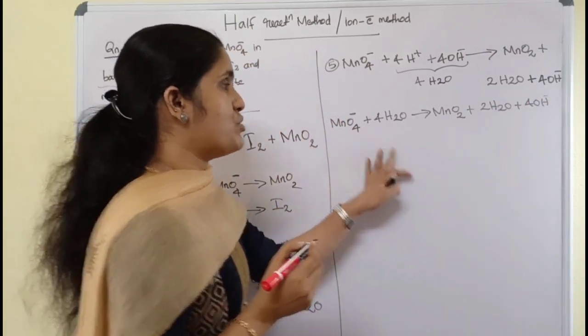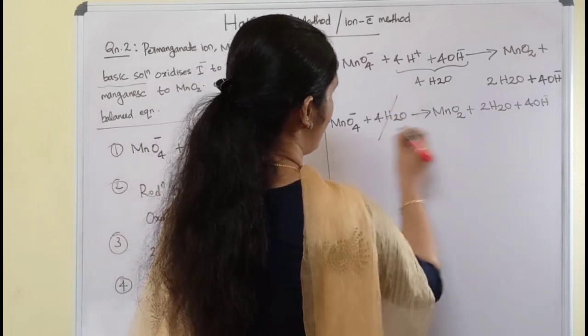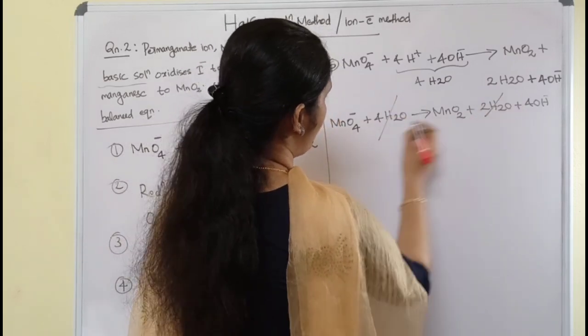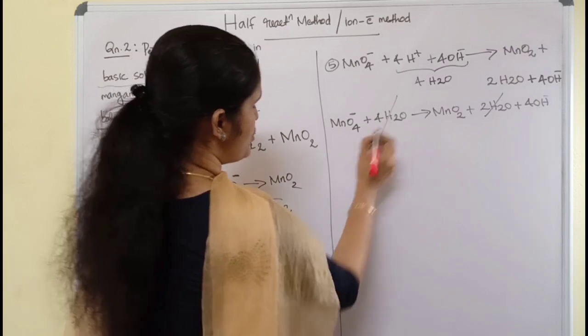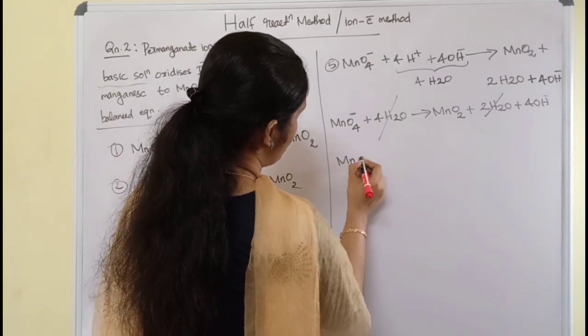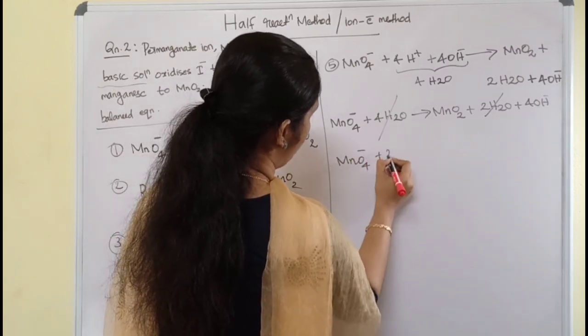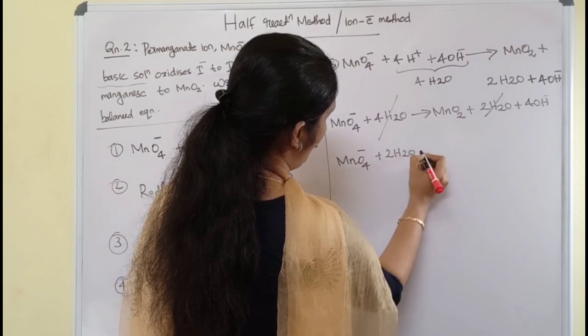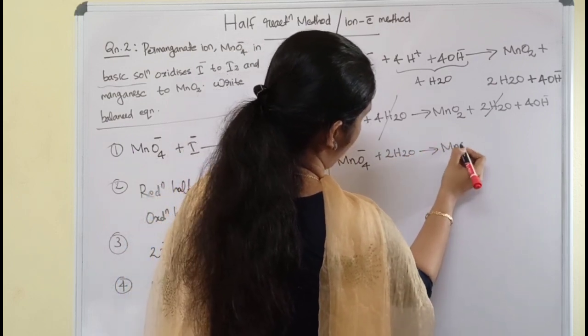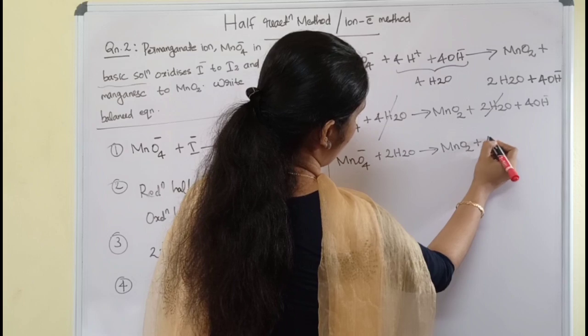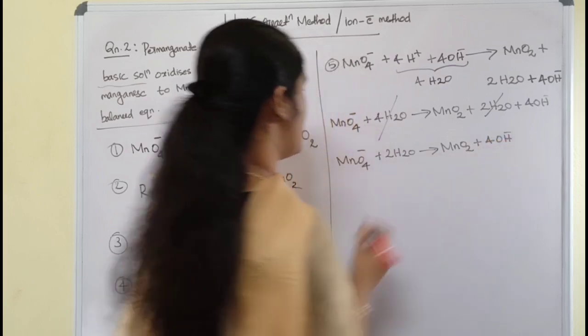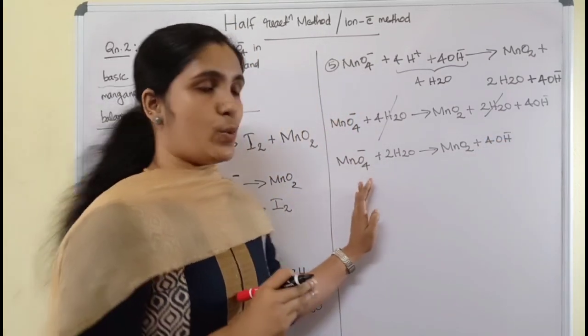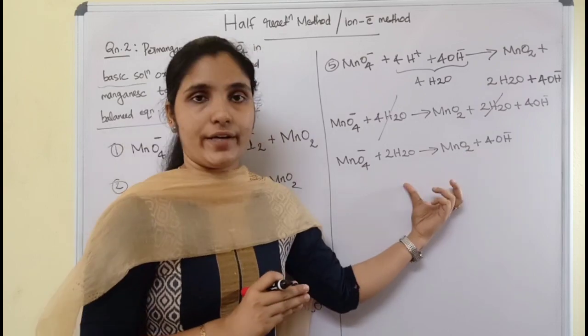Now the left side has 4H2O and the right side has 2H2O, so it can be cut down, and 4H2O turns to 2H2O. So MnO4 minus plus 2H2O gives MnO2 plus 4OH minus. So this is the balanced equation with all other atoms.